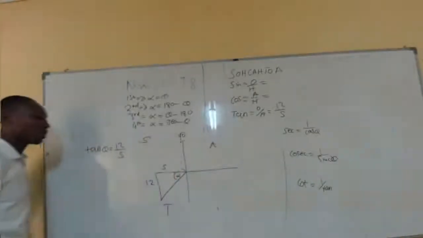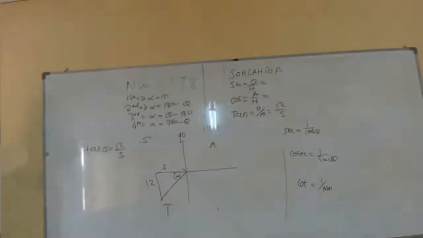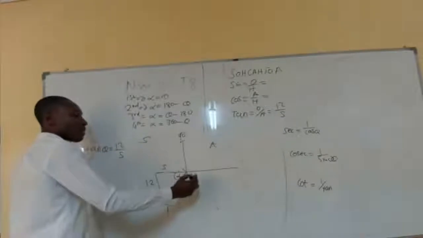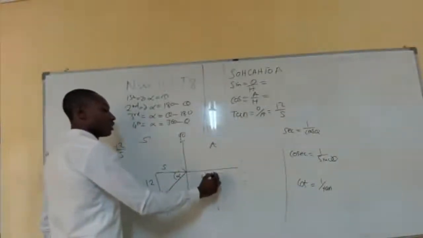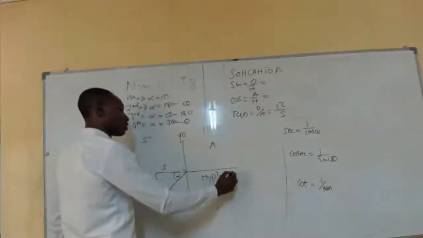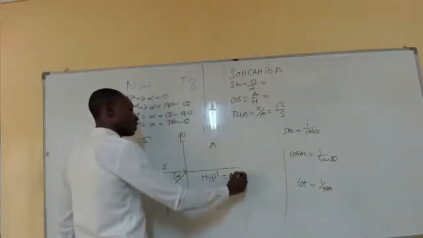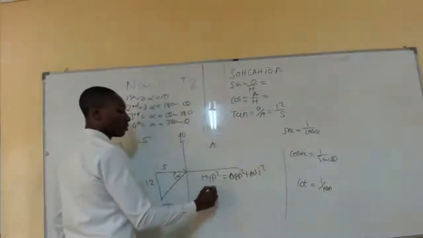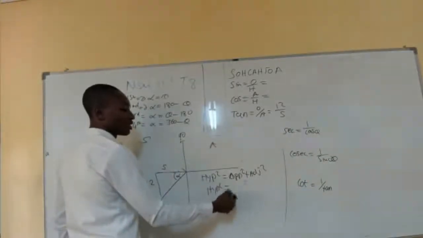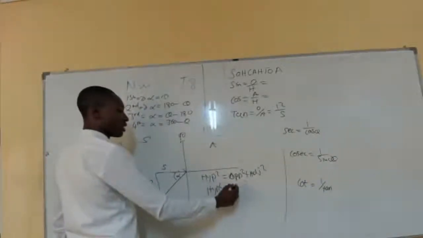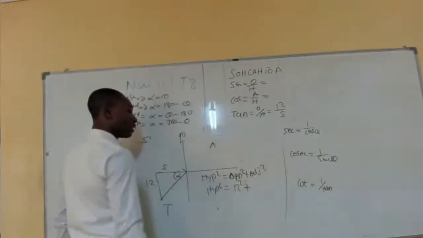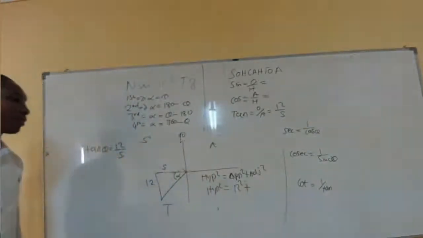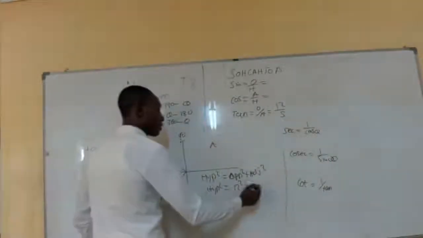Now what we need to find is the hypotenuse. We know that hypotenuse squared is equal to opposite squared plus adjacent squared. The opposite has been given as 12, so 12 squared, plus adjacent squared, and the adjacent is 5, so 5 squared.